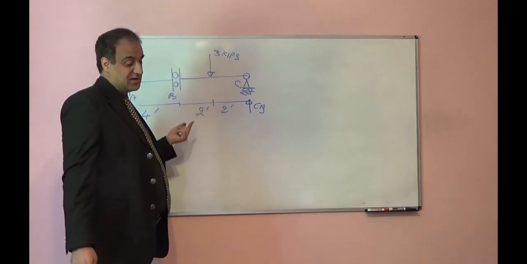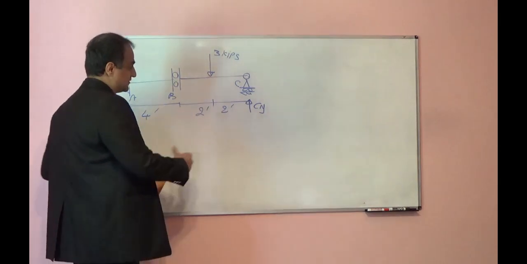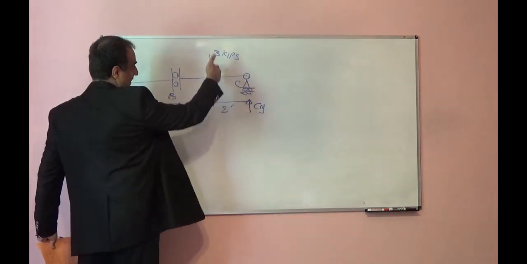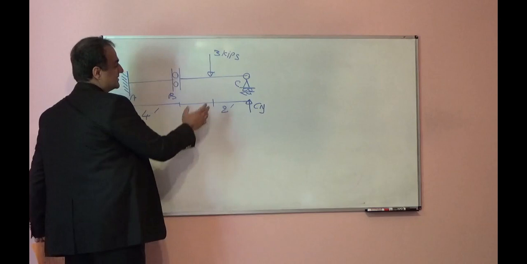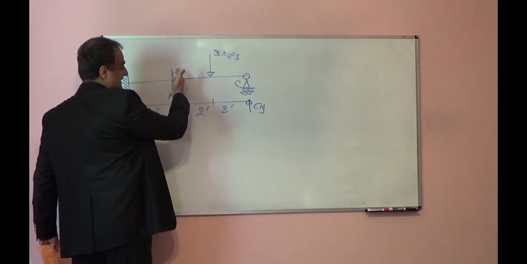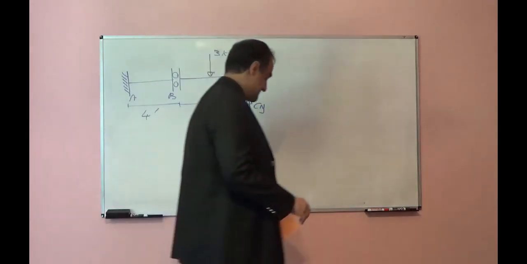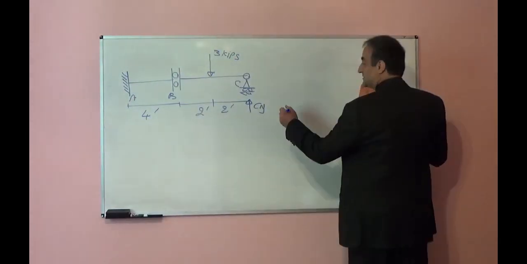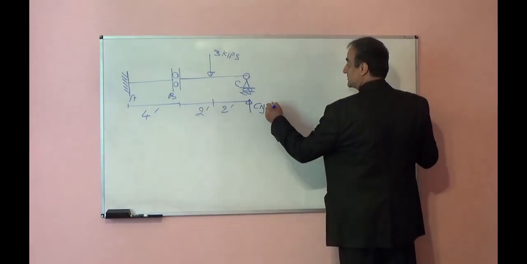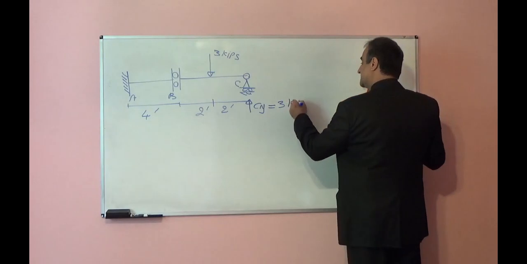So if I write summation of forces in the vertical direction equal to 0, Cy minus 3 is equal to 0, because this part will not allow any shear force to transfer from right side to left side. From here, Cy will be equal to 3 kips.